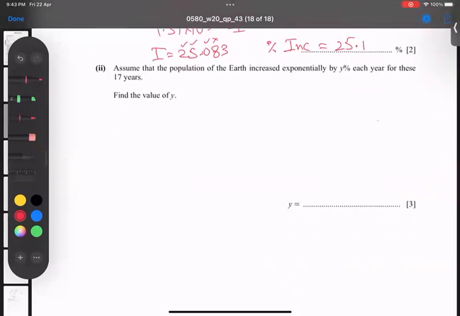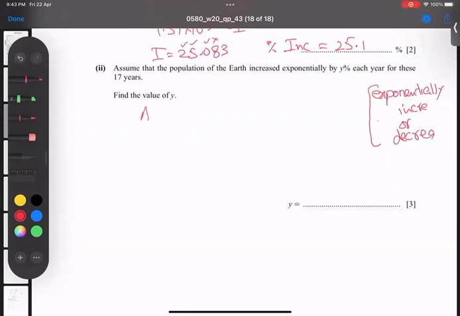Assume the population of the Earth increases exponentially. Make sure whenever the word exponentially increase or exponentially decrease appears, it will behave as a compound interest formula. So we'll deal with it as a compound interest formula, and you know the compound interest formula very well.